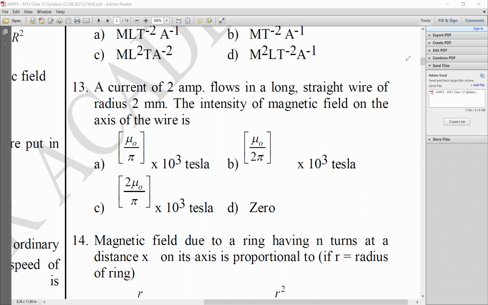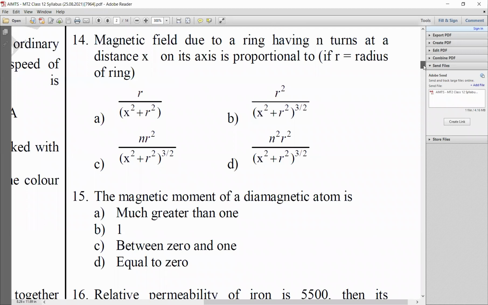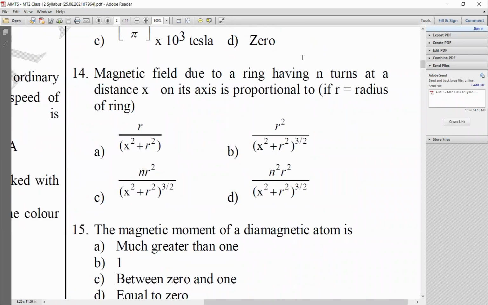Question number 14. The magnetic field due to a ring of n turns at a distance x on its axis is proportional to, at a distance x.